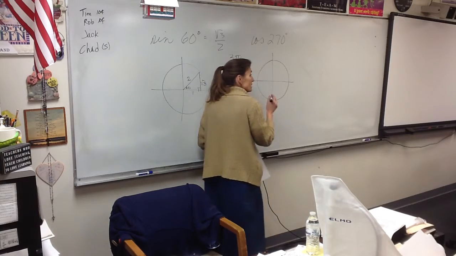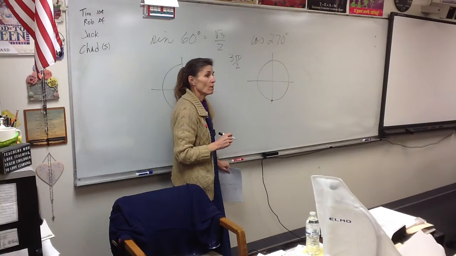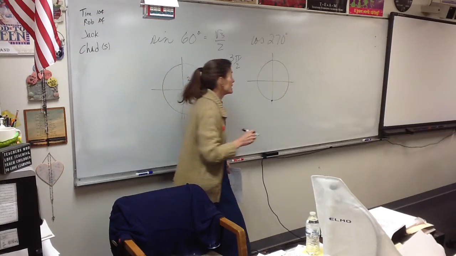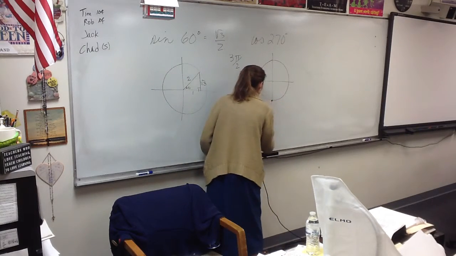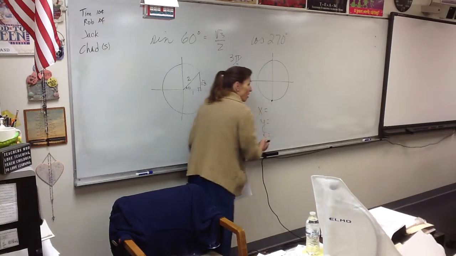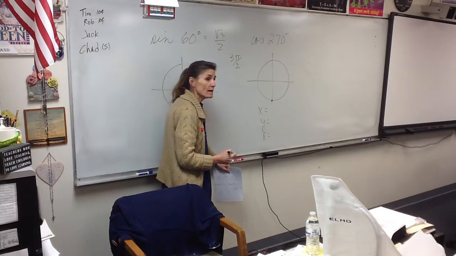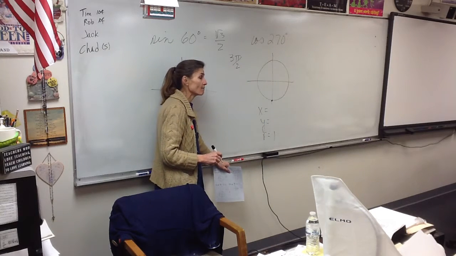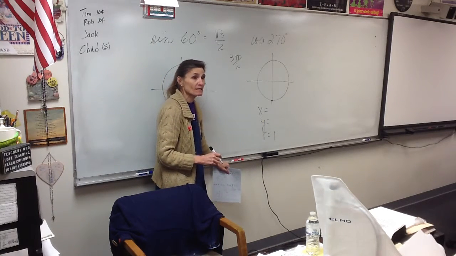It's on the axis. When they're on the axis, we do not have a triangle. Instead, we need to find x, y, and r. We have just gotten in the habit of letting r be 1 every single time. It just makes our life easier.